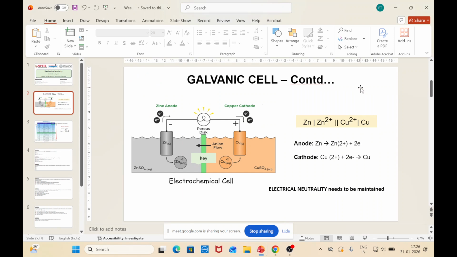Apart from this zinc copper cell, two more types of electrochemical cells were discussed. One is the cadmium electrode and silver electrode dipped in cadmium chloride solution, and another is the cadmium electrode and silver electrode dipped in a mixture of electrolytes, cadmium nitrate and silver nitrate.